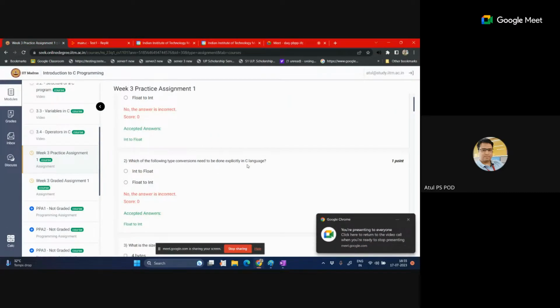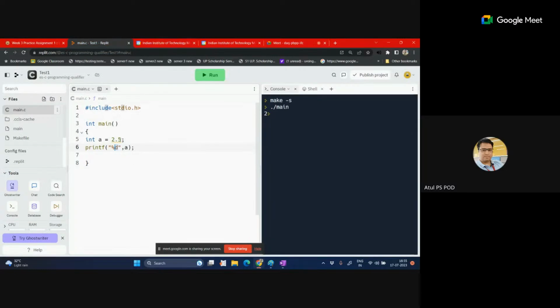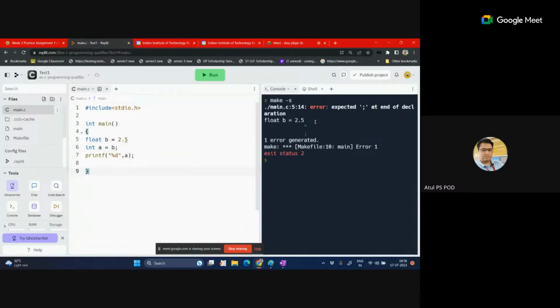C language, int to float, and float to int.